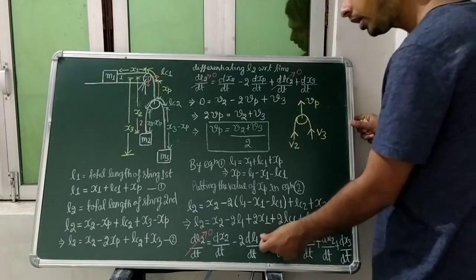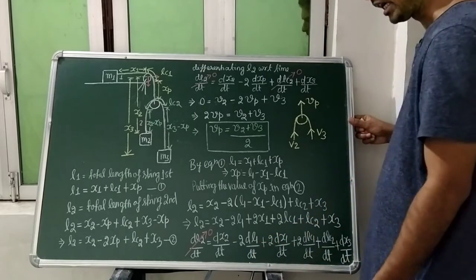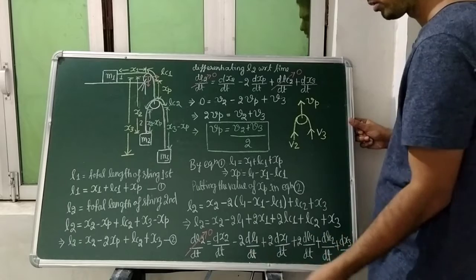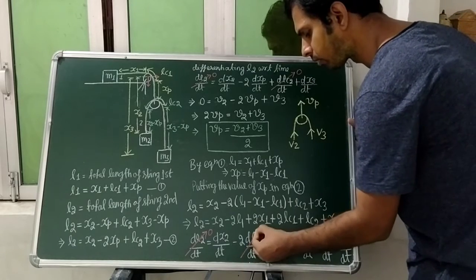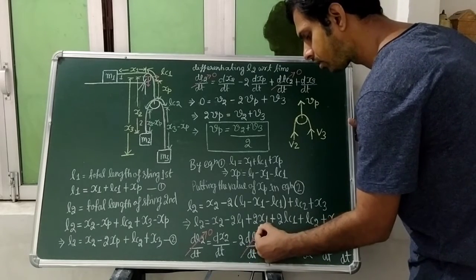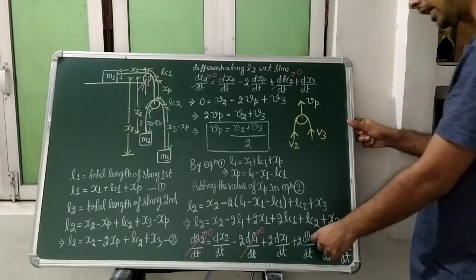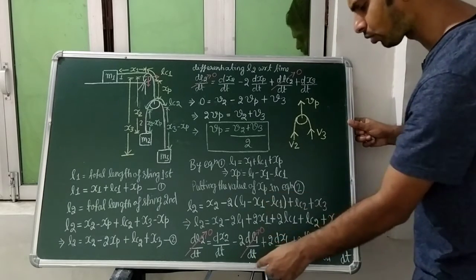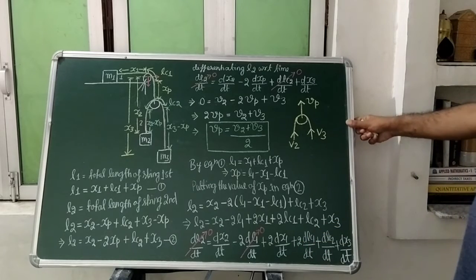So here we are also getting dL1 upon dt. The length of the string over this pulley will also be constant, so that will also equal 0. And dLc1 will also come out 0.